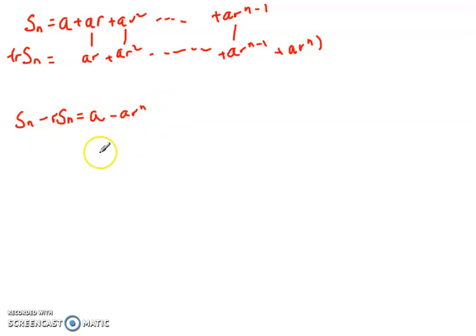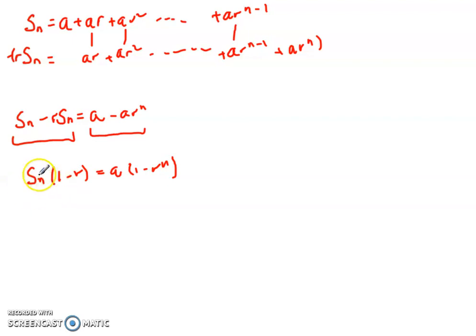If I then look at both sides of this, on this side I've got a common factor of Sn, and on this side I've got a common factor of a, so let's take those common factors out. That means I've then got Sn bracket 1 minus r equals a bracket 1 minus r to the n.